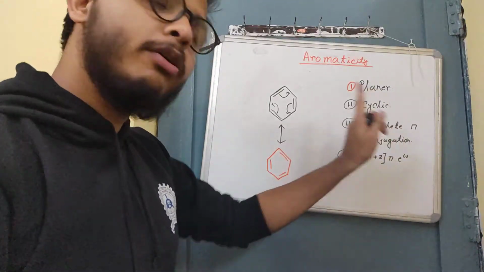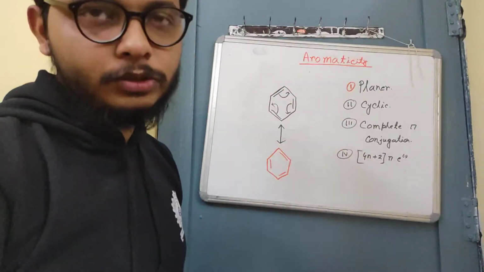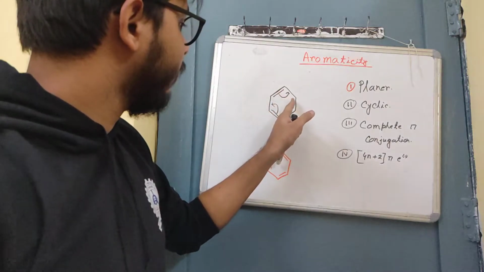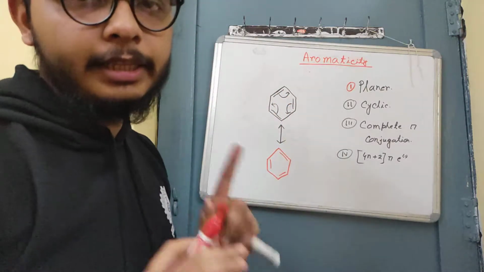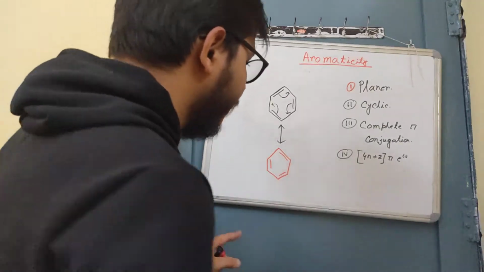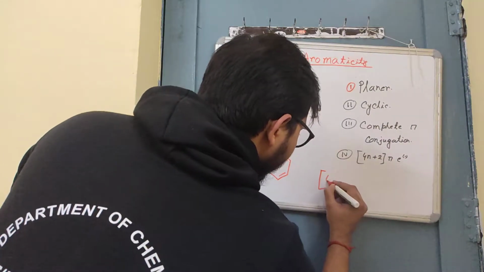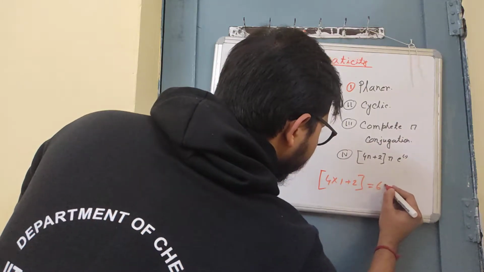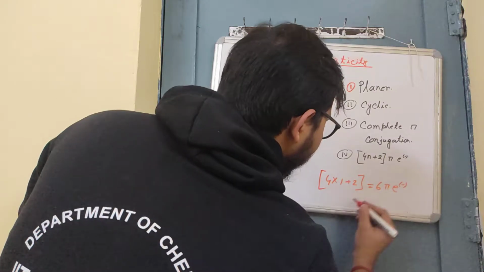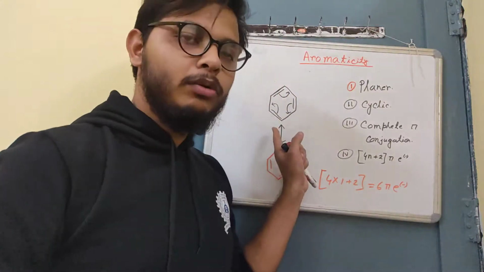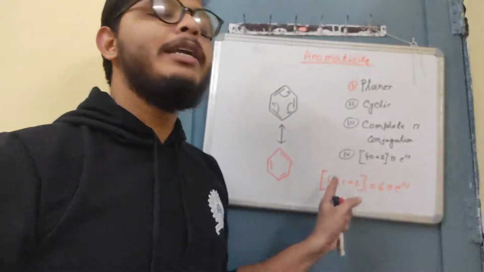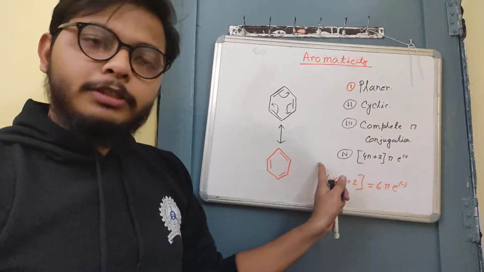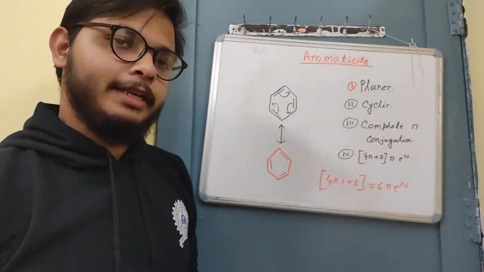That's why complete pi conjugation is here. And 4n plus 2 pi electrons: look how many pi bonds are there. There are 1, 2 and 3 pi bonds. 3 pi bonds means 6 electrons, and we can write 6 as 4 into 1 plus 2, equal to 6 pi electrons. That means benzene maintains Huckel's rule, right? So benzene maintains all of these properties. That's why benzene is aromatic.